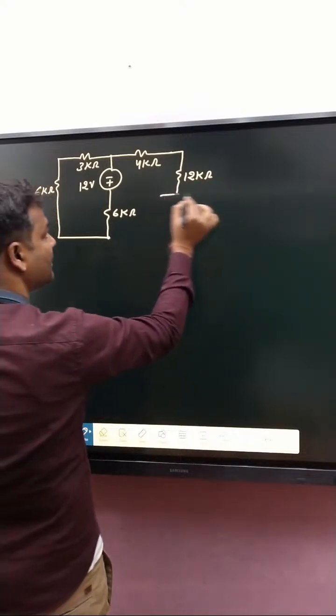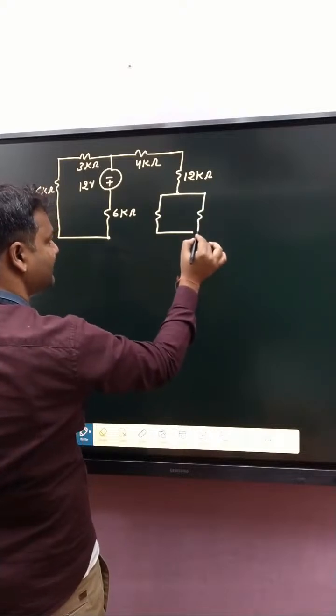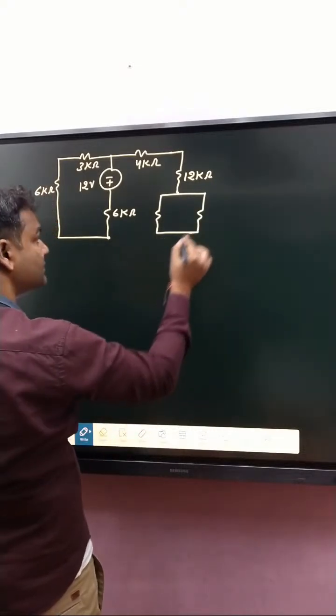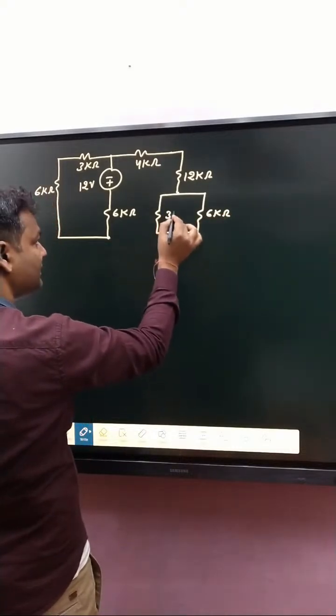Now that one is 3 kilo ohm, that one is 6 kilo ohm, that is 6 kilo ohm, that is 3 kilo ohm.